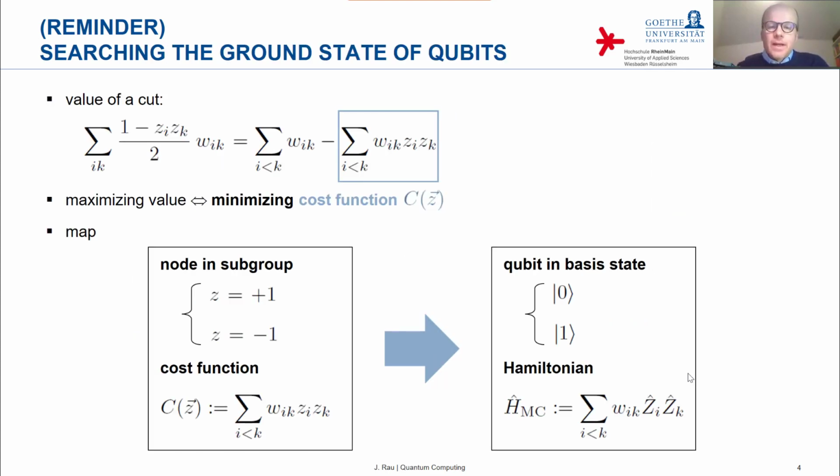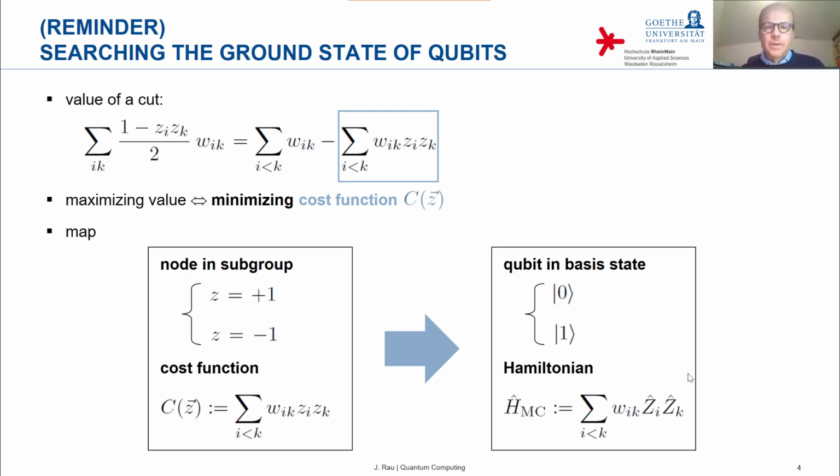And we discussed that we can map this problem to a problem regarding qubits. If we identify the nodes in the graph with qubits, then in each cut we separate the nodes into two subgroups, and the nodes in one subgroup we labeled +1, the other we labeled -1.